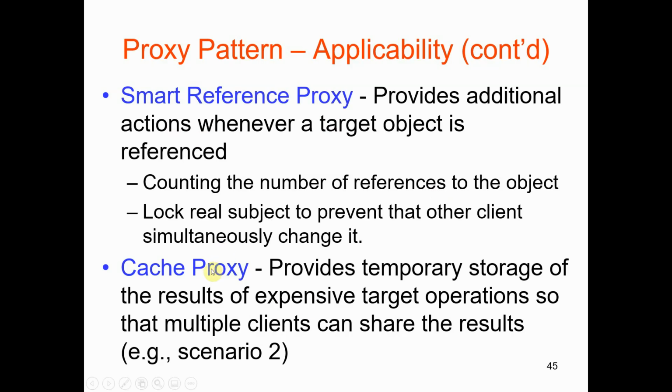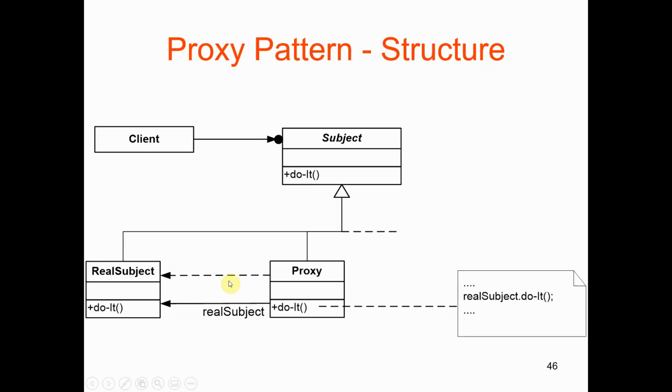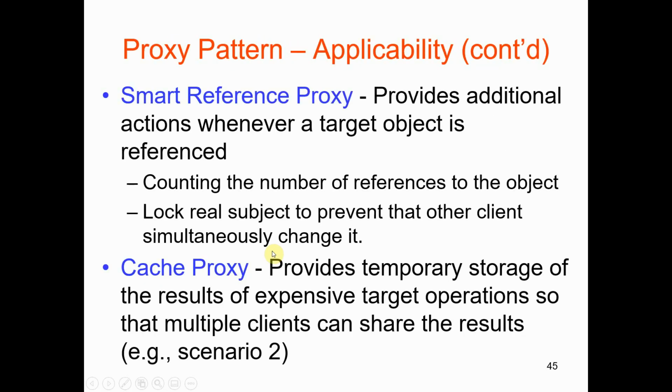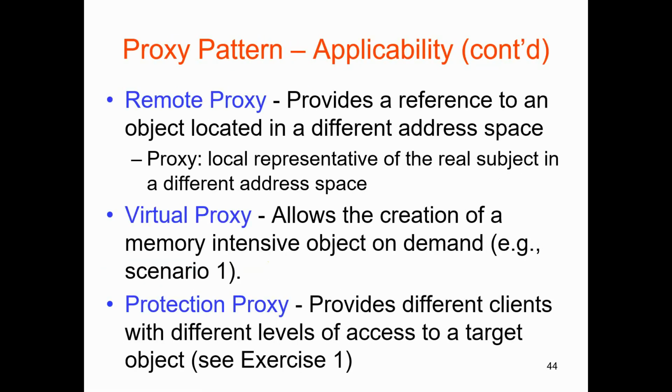And the cache proxy provides temporary storage of the result of expensive target operations so that multiple clients can share the result. In scenario 2, we already showed you the cache proxy. So this gives you the different types of proxy.